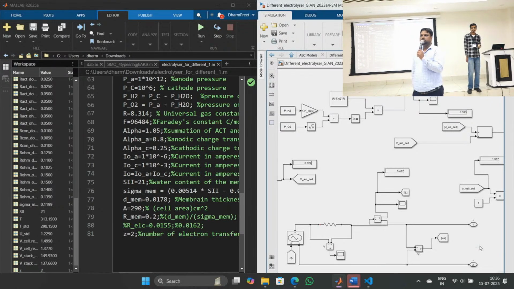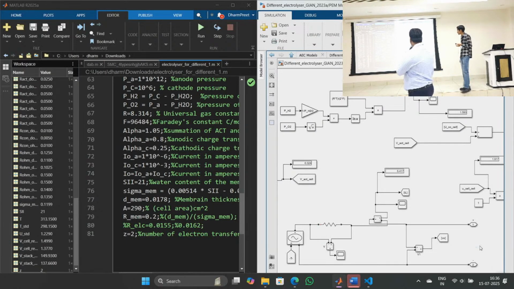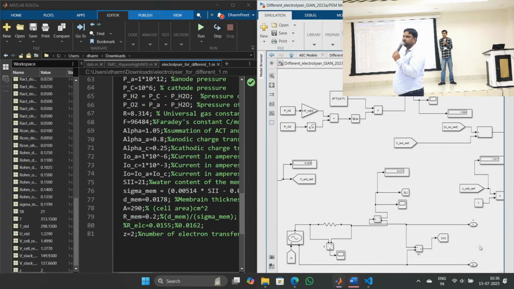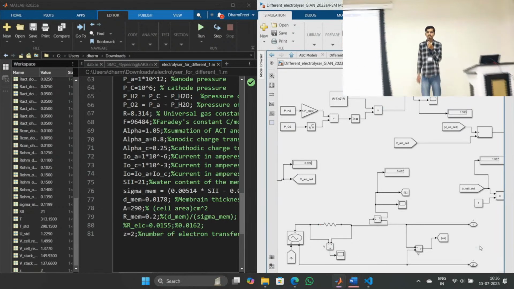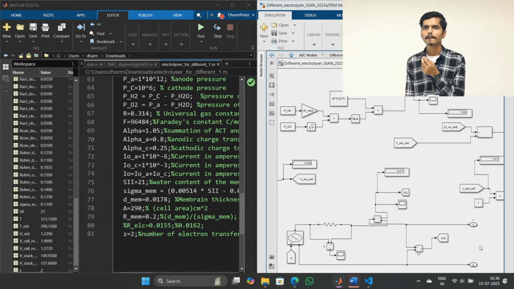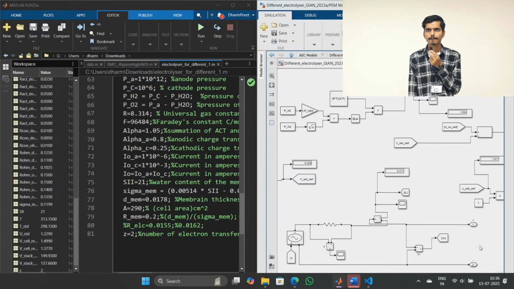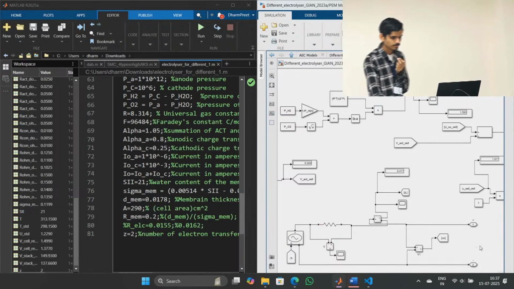All good? Display? Yes, just display. Search display. Can you tell the values? For which potential are you asking? Which one? Current, voltage, which one do you want to see?